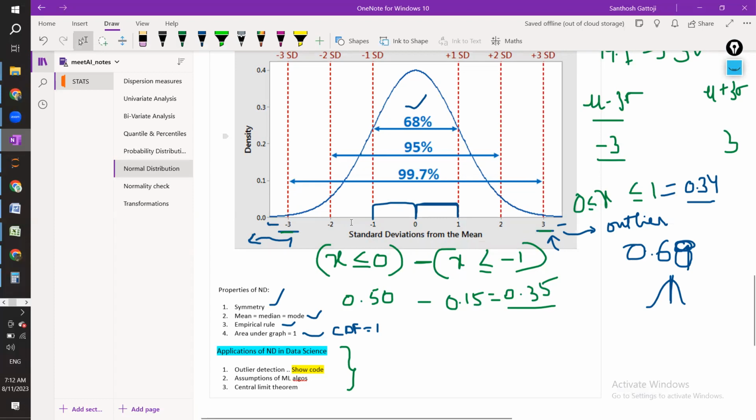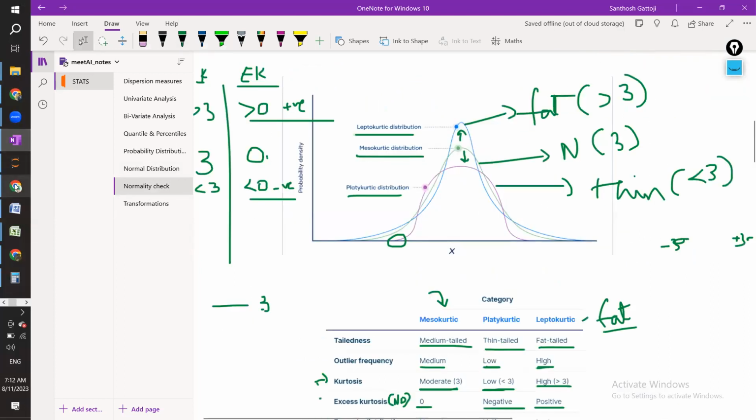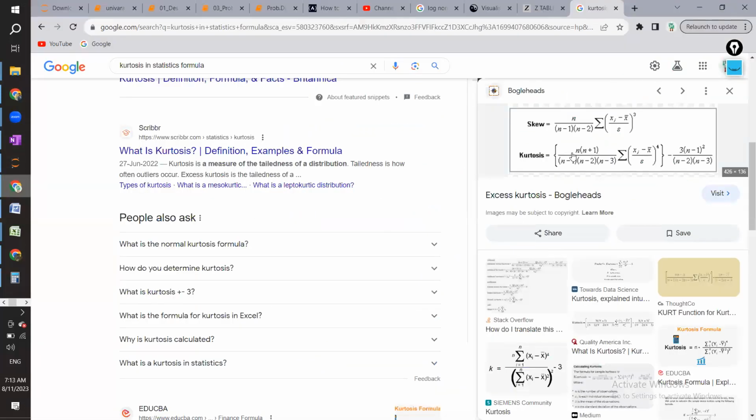That's a good question, but the nature of the normal distribution is like that. The way the normal distribution is spread, we can conclude that we could catch all the data within 3 standard deviations. Similarly, we also have a formula for kurtosis, where when you put in these values, for a normal distribution it is always coming as 3. Do you agree?